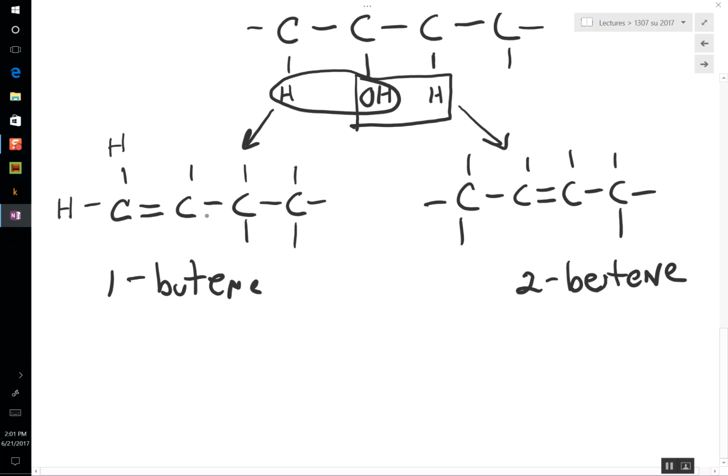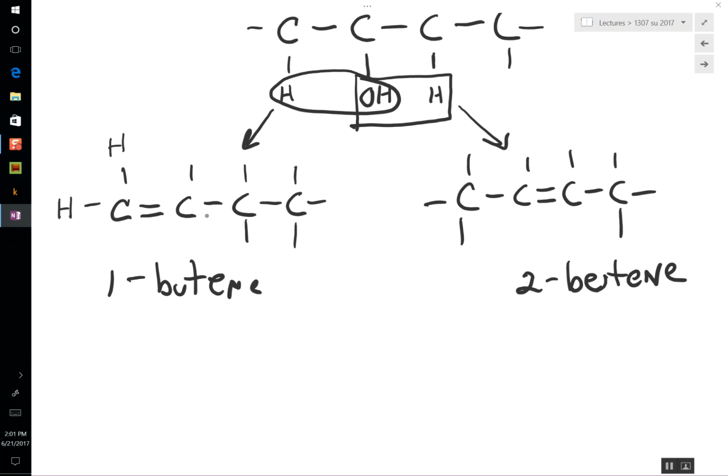Here's your double bond here. How many carbons are attached to this double bond? This carbon has a carbon. That's 1. This carbon has a carbon. That's another 1. 1 and another 1 is 2. So which molecule has the most carbons on the double bond? The 2-butene.